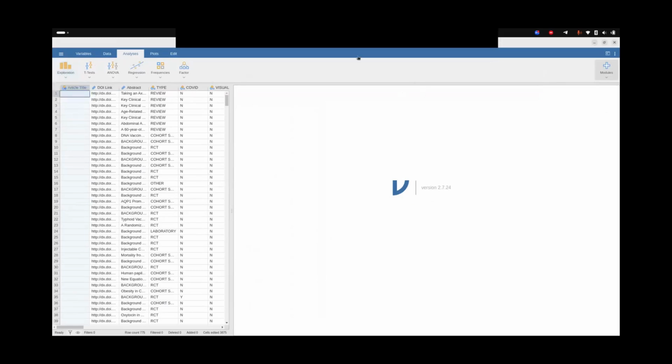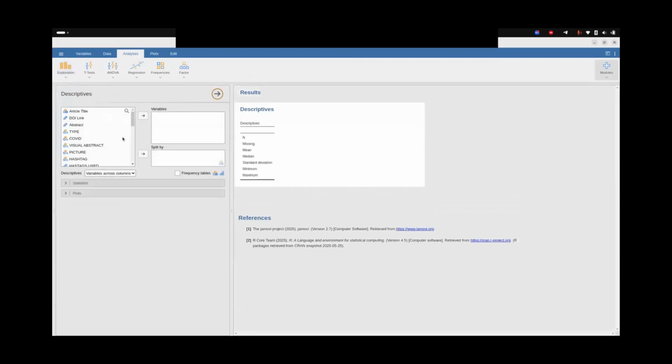So we open our Jamovi. This is a data set of papers that have been published in various journals as well as tweeted. I've got some data about how popular they've been on the Twitter network when it was called Twitter. We go to exploration and descriptives here.